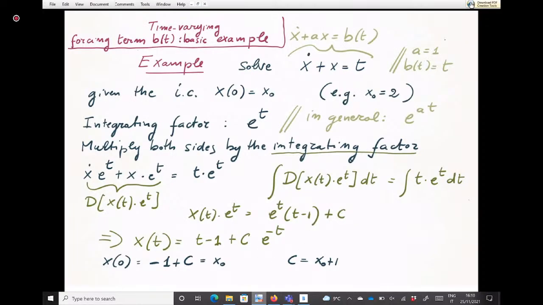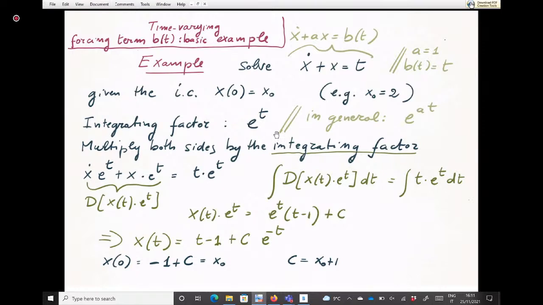And let me show you how it works. I remember that we used the method of integrating factor to show you the solution formula of the basic case of constant growth. We used the method of the integrating factor, which is exactly the same here, because x dot plus x equal to t, multiply both sides by the integrating factor, which is exponential of t.